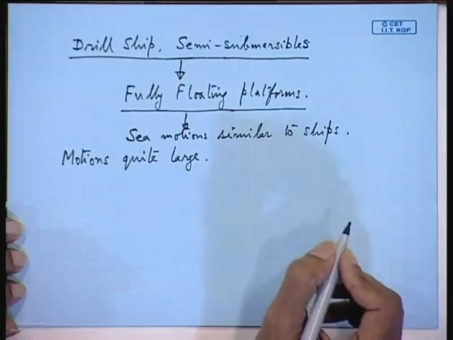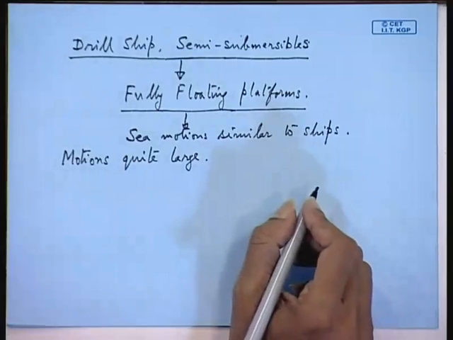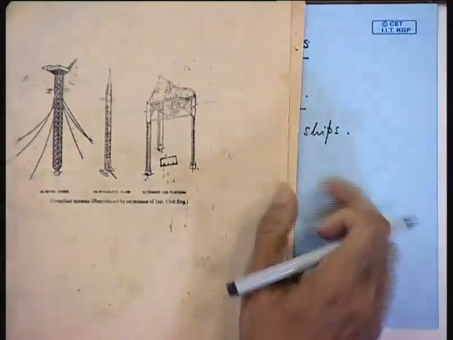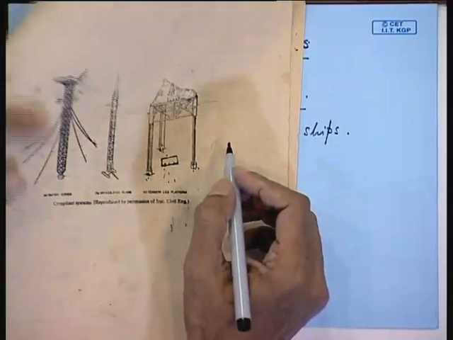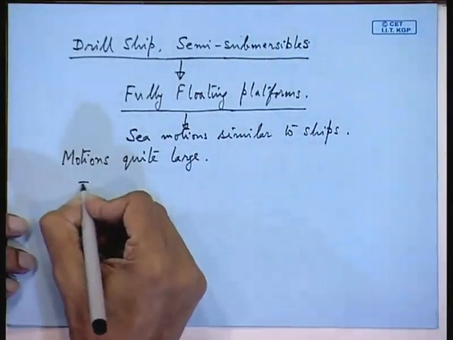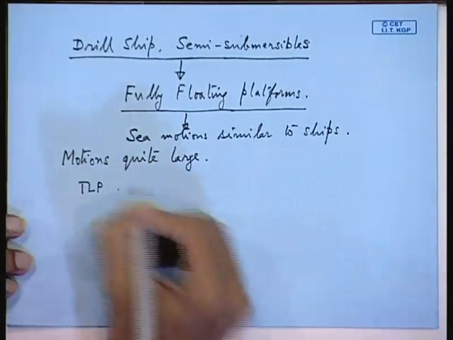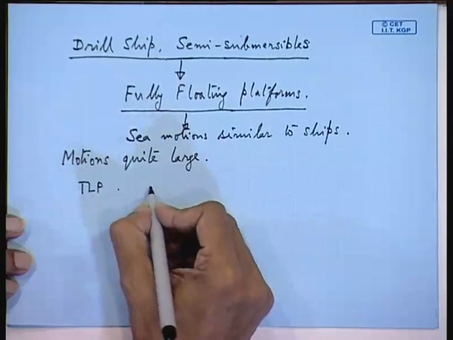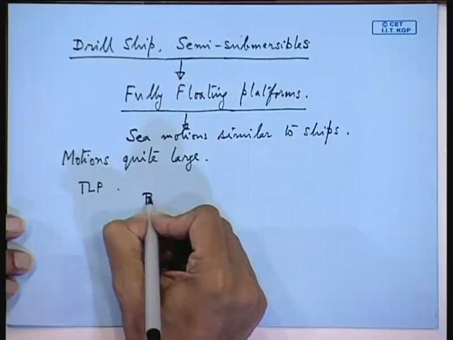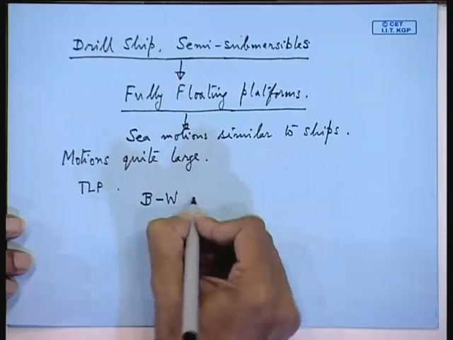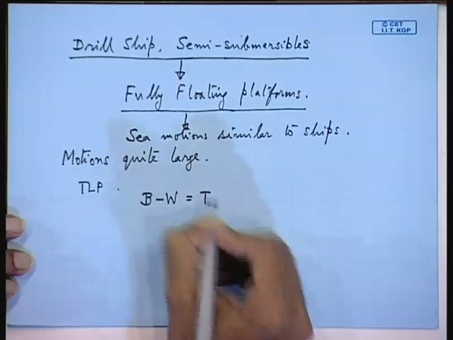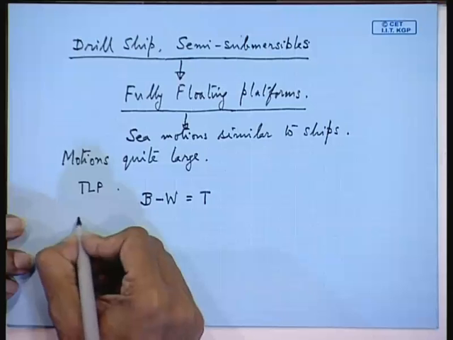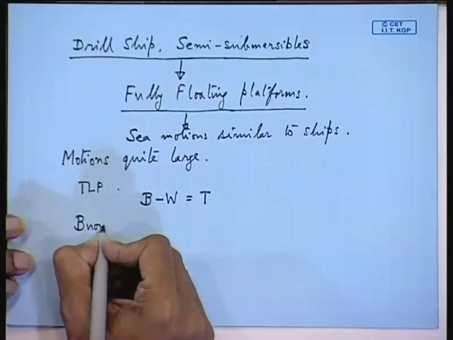Motions are very large, especially now in TLP actually we are not having any heave motions. So, in TLP you should remember, in TLP this equation is always valid for all cases of waves, that is the difference between buoyancy and weight is equal to your tension in the tether. So, buoyancy is always greater than weight.